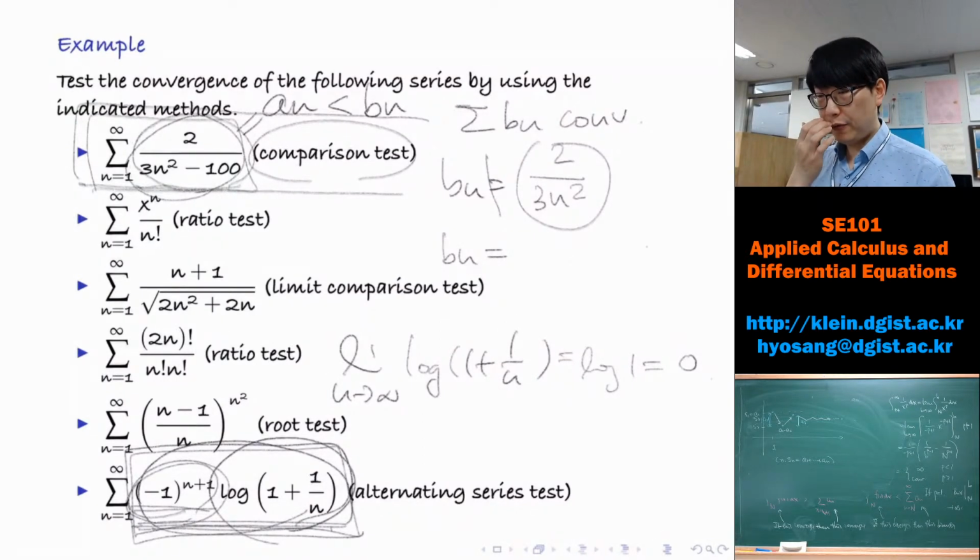The idea is you want to make your denominator smaller, right?